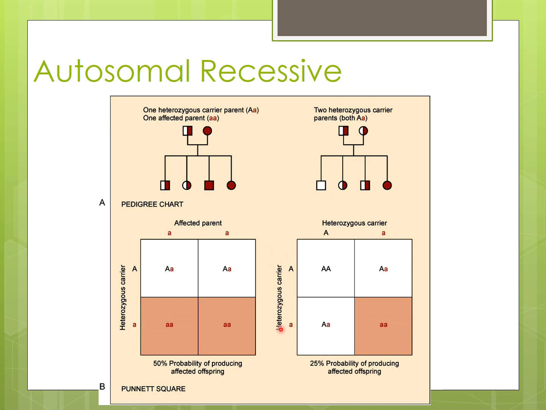Now 25% of the population would not carry the recessive allele, so they would not be affected and would not be able to pass on the recessive allele to their offspring. 50% would be heterozygous in that they are unaffected but still pass on the gene to the next generation. And then you have 25% of the population that is homozygous recessive in that they are affected and carry both recessive alleles, so they will pass on a recessive allele to their next generation.